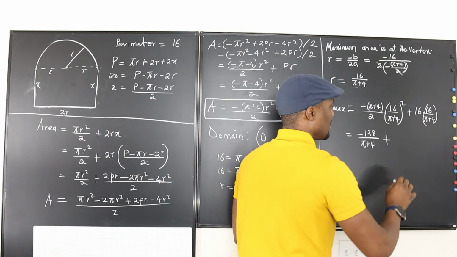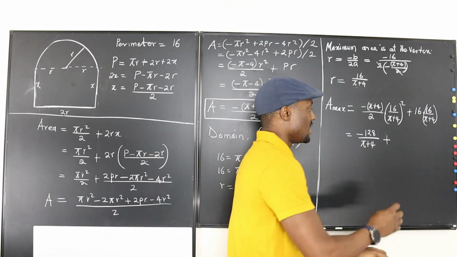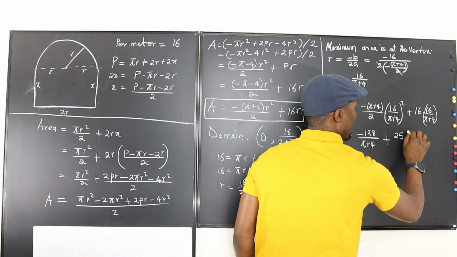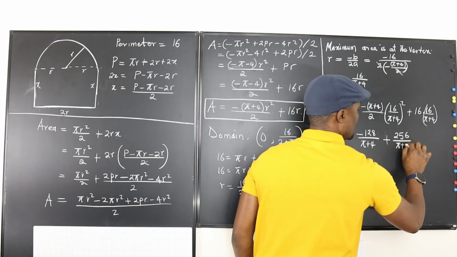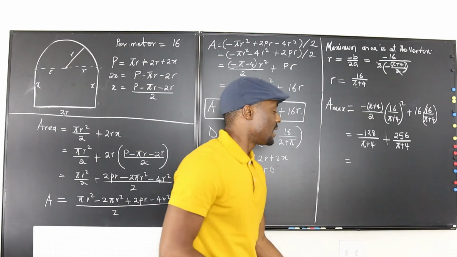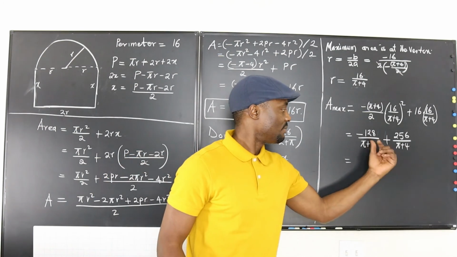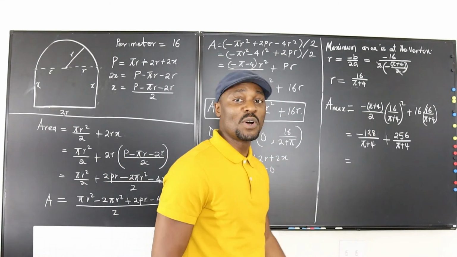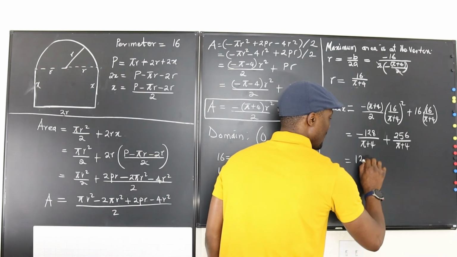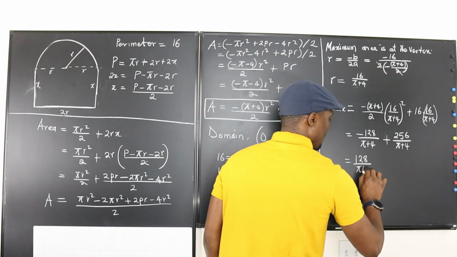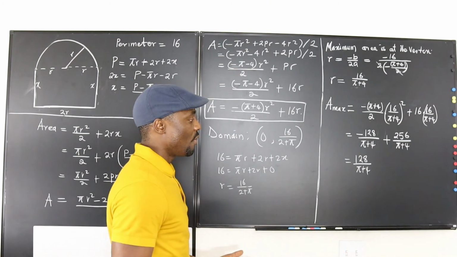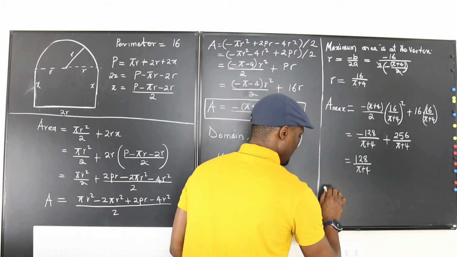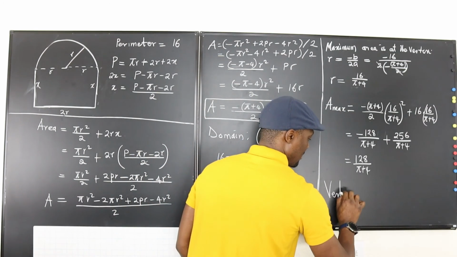And this is plus 16 times 16, which is 256 over pi plus 4. So at this point, we're just subtracting this from this. And this is half of this, so what we have left is 128 over pi plus 4.